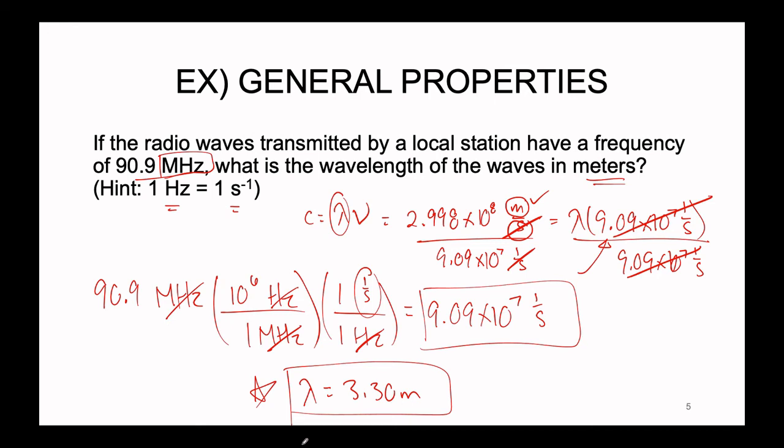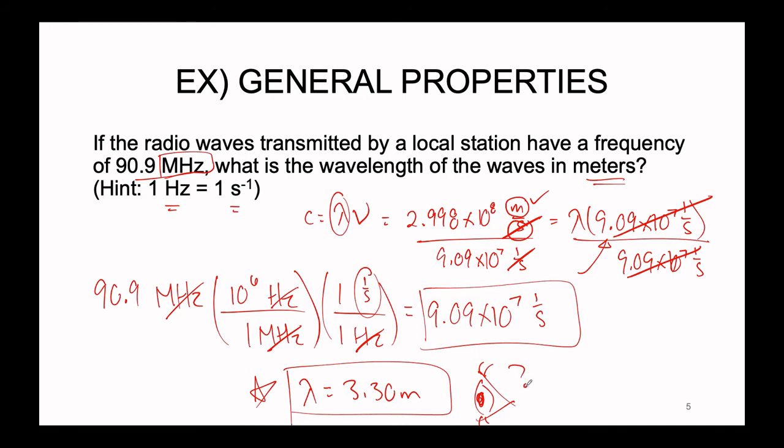So one really great question is, if this wavelength of light is so big, right, 3.30 meters, we can see buildings that are 10 feet tall, we can see vehicles like trucks that are 10 feet long. Why can't we see this wavelength of light? If we look at it with our eyes, here's my little eyeball right here, why can't we see this?